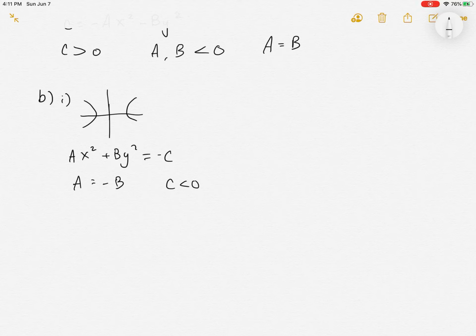Basically C and B must have the same sign.